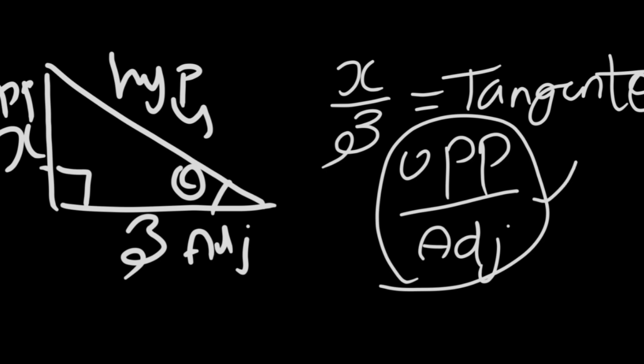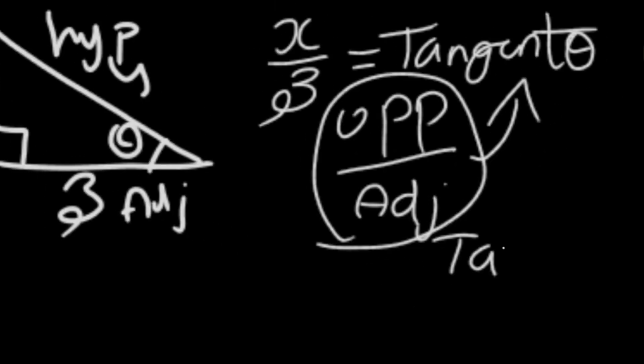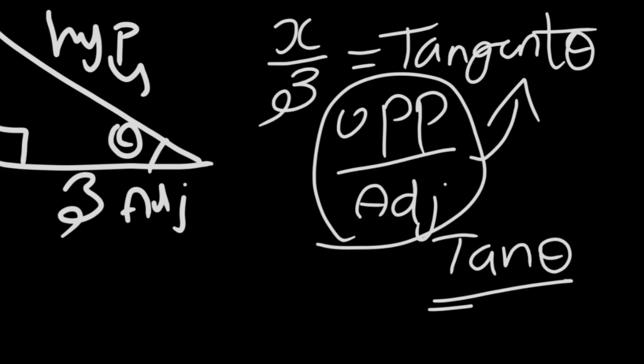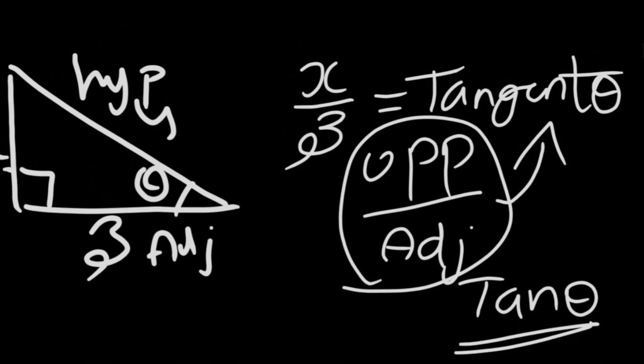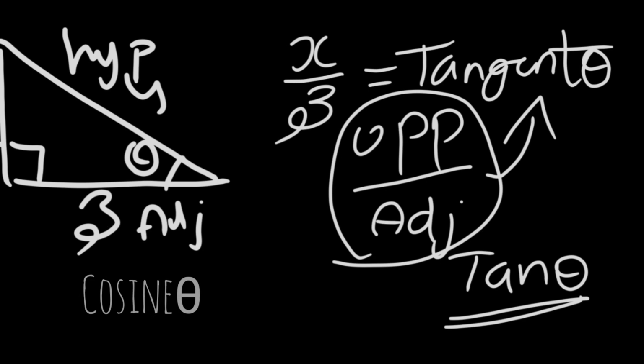This ratio we call tangent theta, and also we can call it tan theta. This tan theta is more familiar than tangent theta. So the full name of tan theta is tangent theta, and the full name of cos theta is cosine theta. And the full name of sin theta is sine theta, which is pronounced the same.